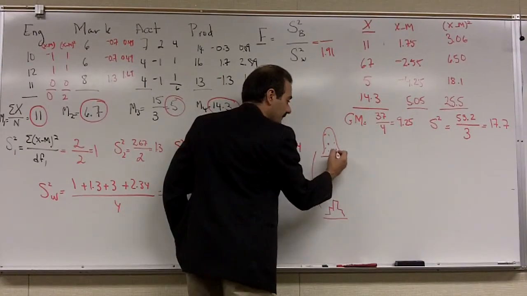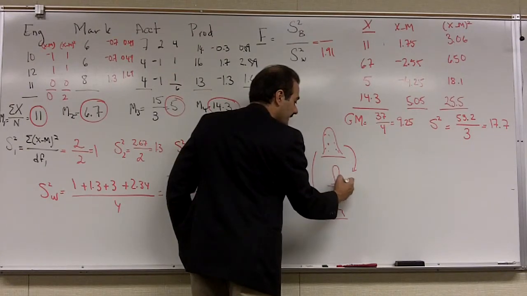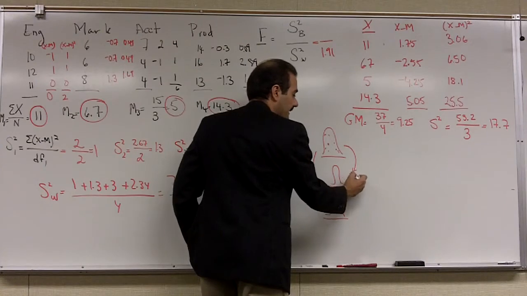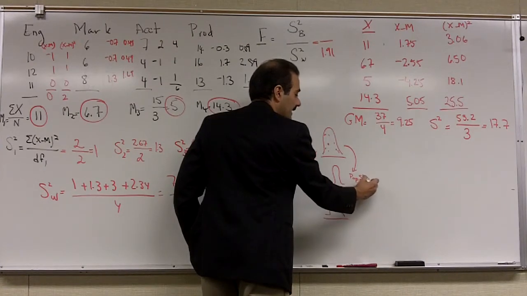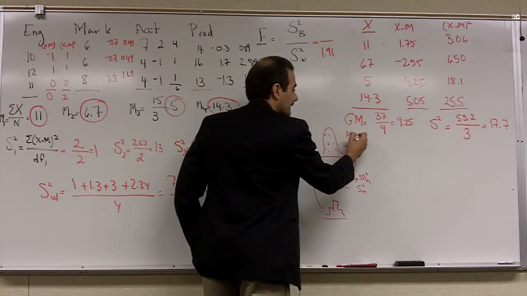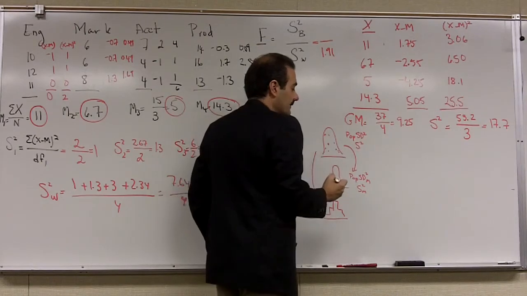Then from the original population, we would calculate the sampling distribution variance. So this would be pop SD squared, or S squared.